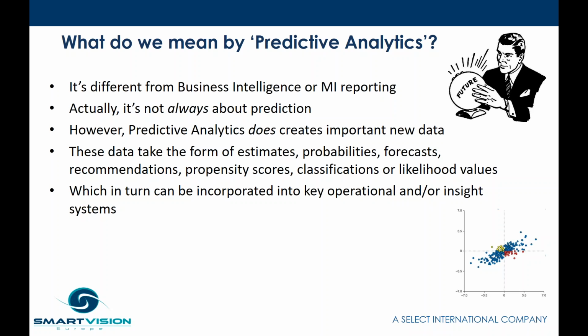Now, an operational system, in the case of charities, is usually something like a campaign management system, where we're saying, okay, these are the people that you really need to concentrate on, given your limited resources, your limited budget for this campaign or for this interaction. Alternatively, it may be sent out into a website management system.